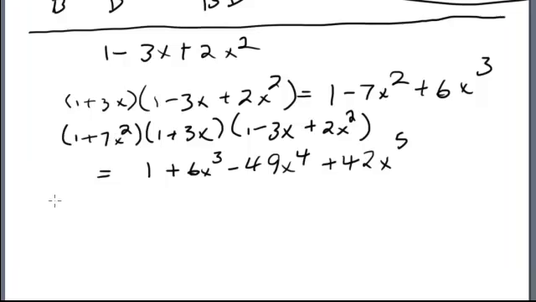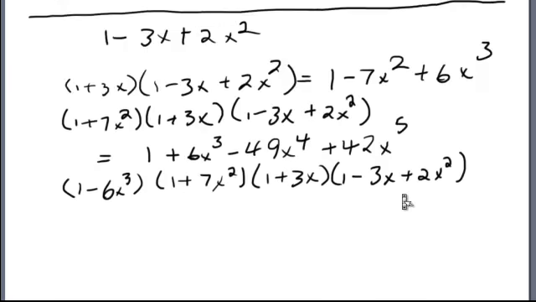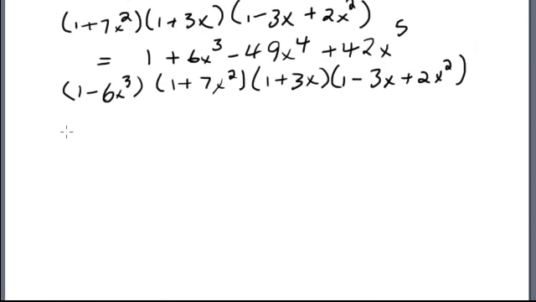That's right. Okay, so now I want to get rid of the 6x cubed term, so I have to multiply by 1 minus 6x cubed times 1 plus 7x squared times 1 plus 3x times 1 minus 3x plus 2x squared. So that's going to equal 1.